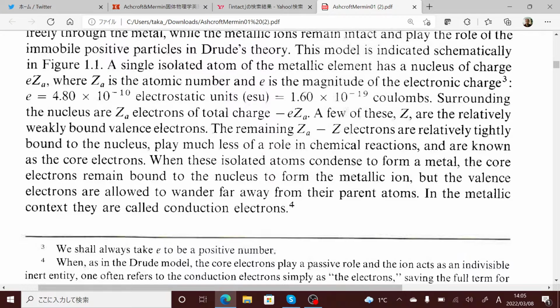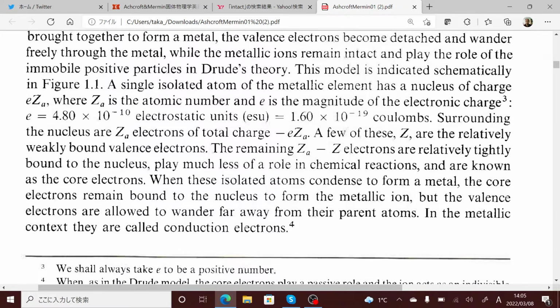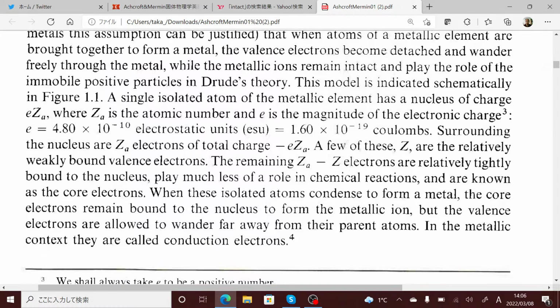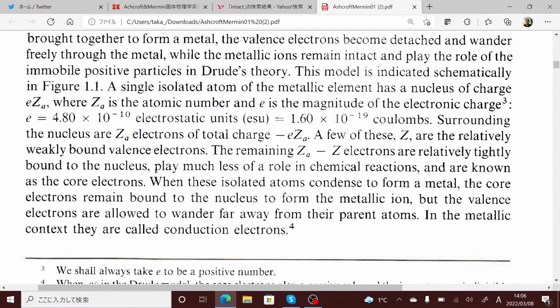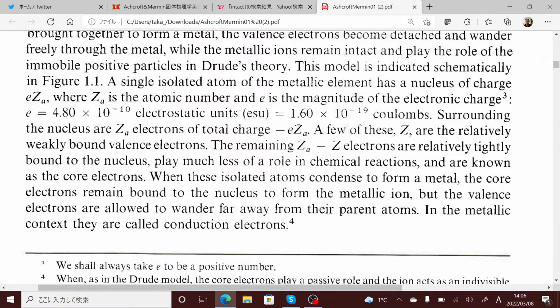We shall always take e to be a positive number. e equals 4.8 times 10 to the minus 10 electrostatic units, esu, equal to 1.60 times 10 to the minus 19 coulombs.